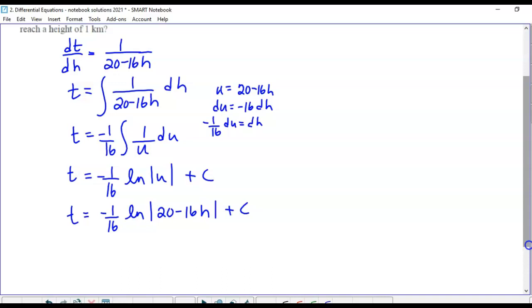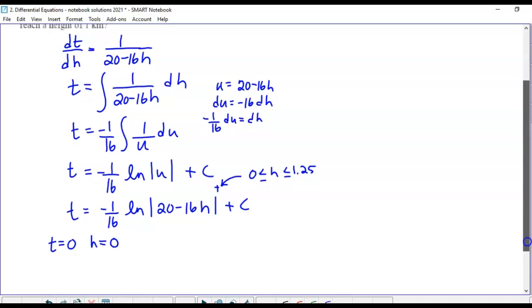Your h value, remember that h is between 0 and 1.25. So really this is always going to be positive. So if you don't have the absolute value signs, you don't need them. Okay, let's find the initial. So at t equals 0, the height is 0. Okay, it's starting at ground level.